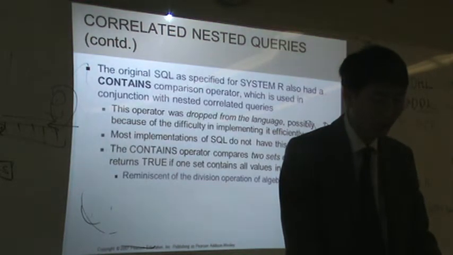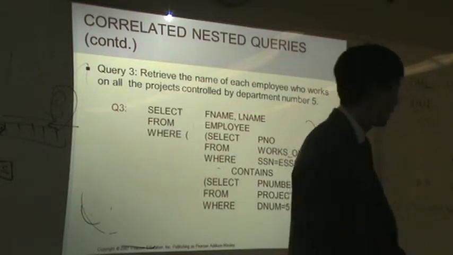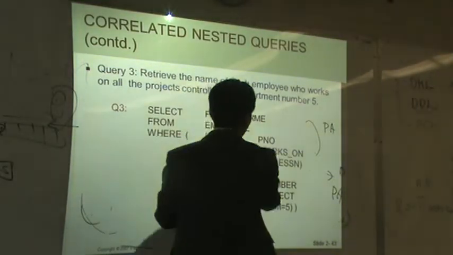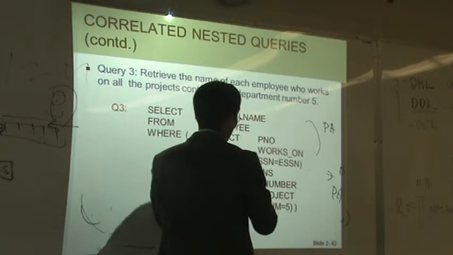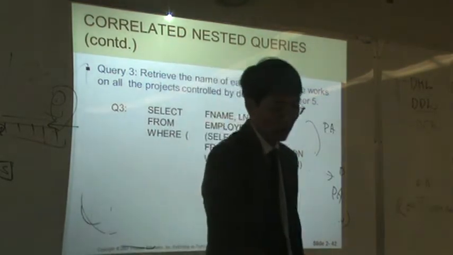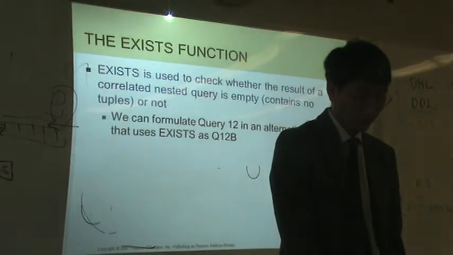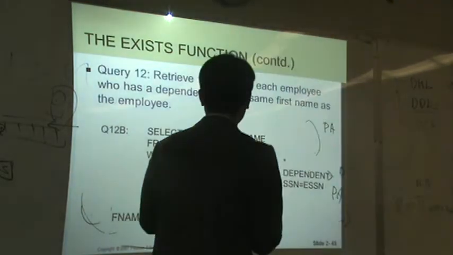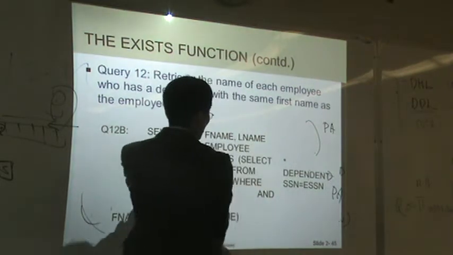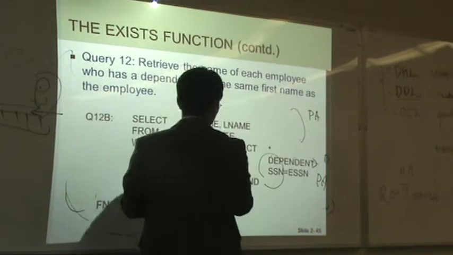There are several operations that support set operations, like contains. The output of this one should contain this, which means subset. This one should be a subset of this. And also exists means for each employee, there should exist a dependent.